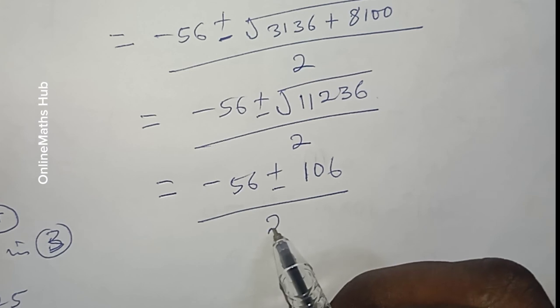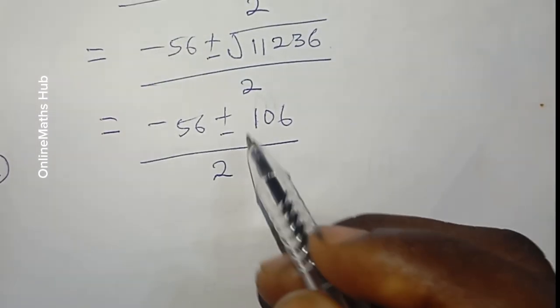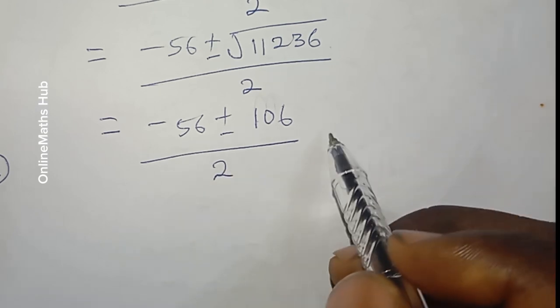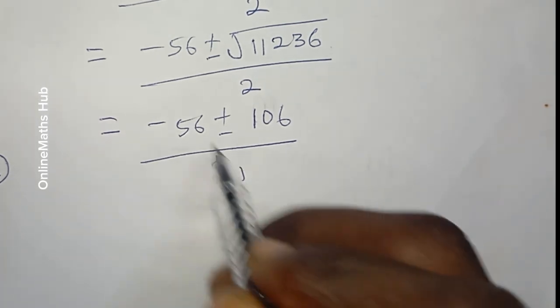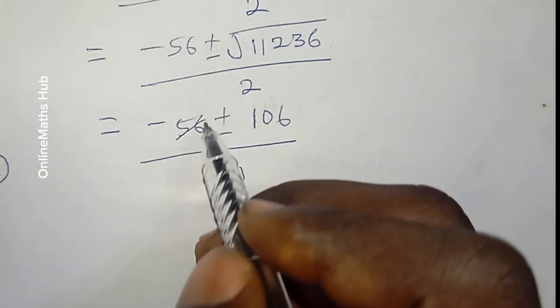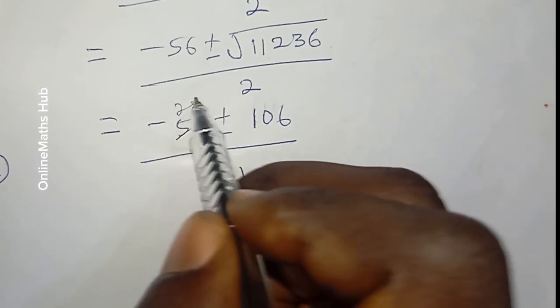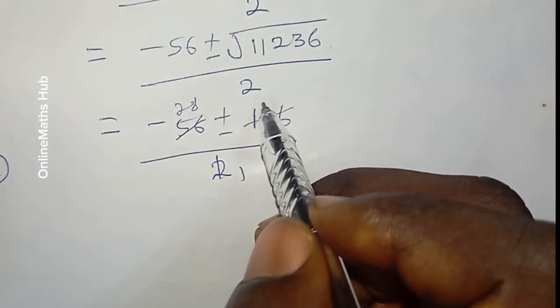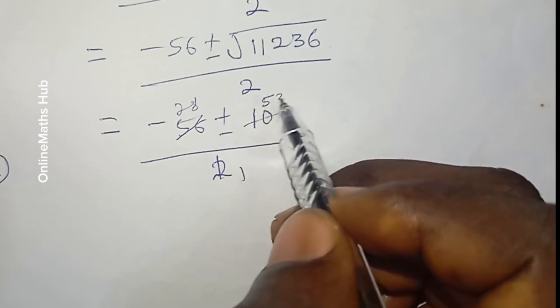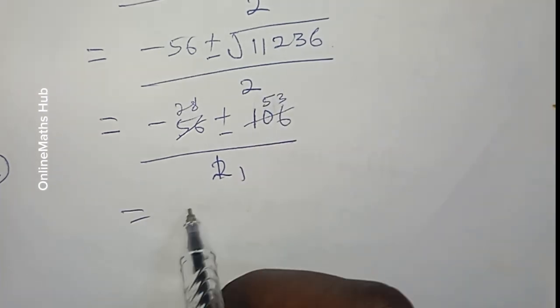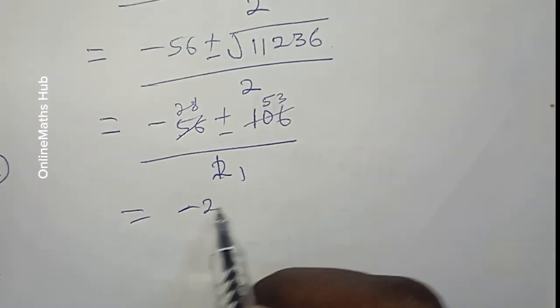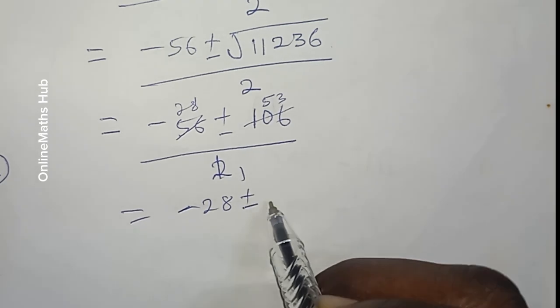Okay, divided by 2. And now what I may do is just go ahead and divide through by these 2 right here. So 2 divides itself here, 1. 2 divides this 56 to give 28, and then of course 2 divides this to give 53. So obviously what I'm having is minus 28 plus or minus 53.